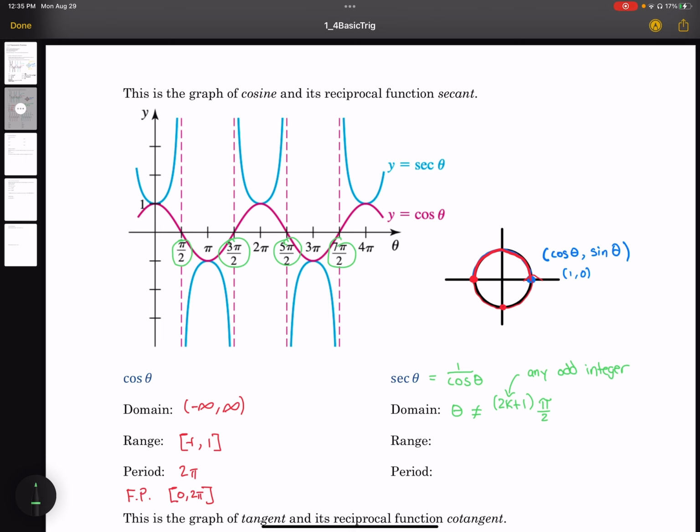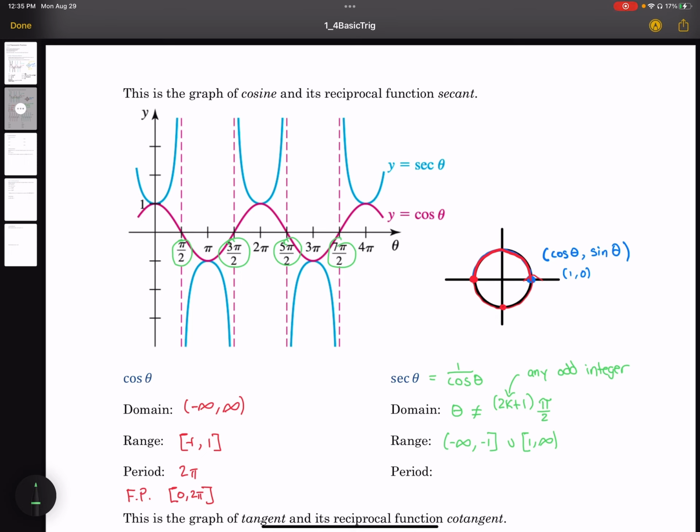The range is identical to cosecant, which is negative infinity to negative 1 inclusive, union 1 to infinity. And again, notice that where the cosine graph is, the secant graph is undefined.